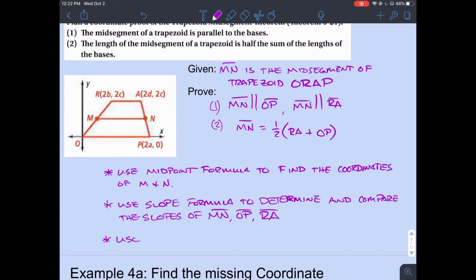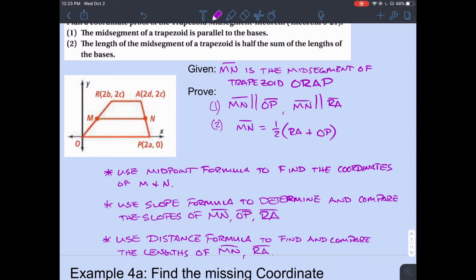So we're going to use the distance formula to find and compare the lengths of MN, our midsegment, RA, one base, and OP.